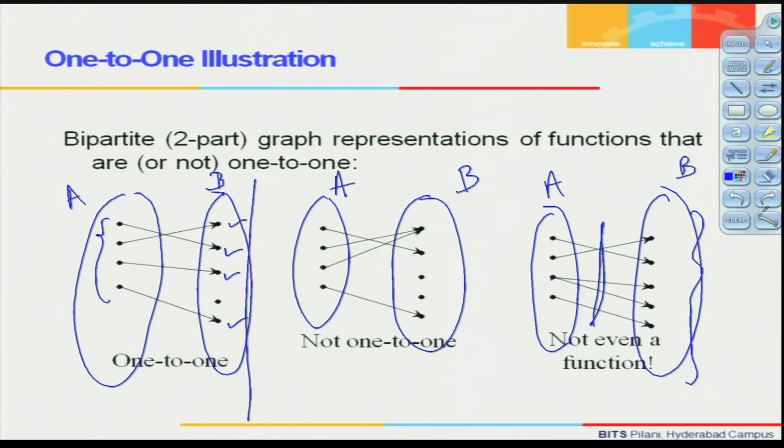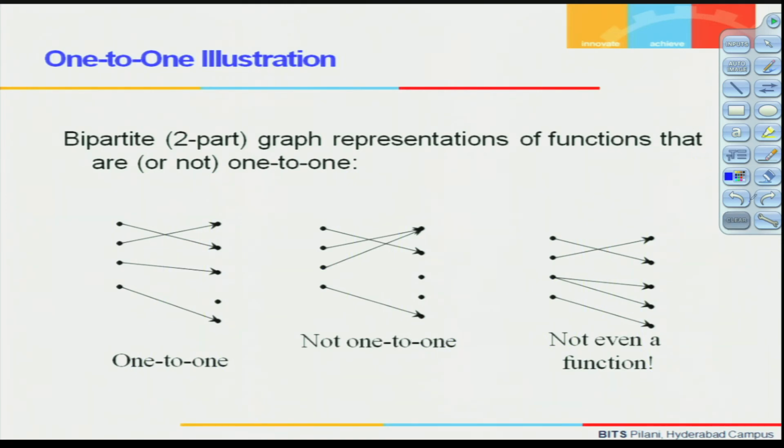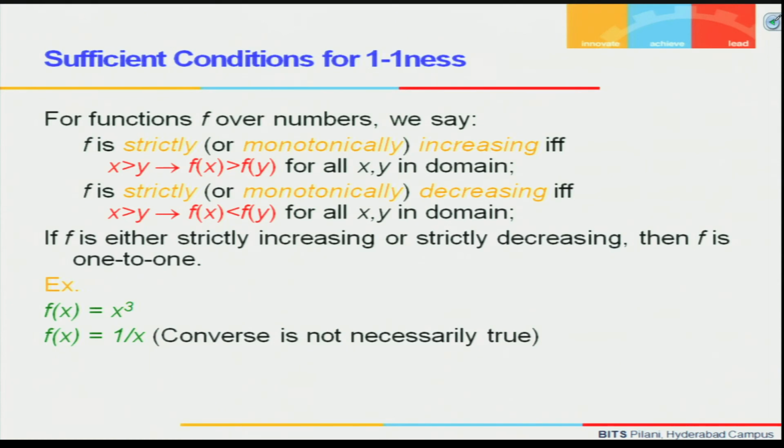So what we have got is, this is a one-to-one function, this is not a one-to-one function, this is not even a function. And we will see some sufficient conditions for this. If the function happens to be strictly increasing or monotonically increasing, then the function will always be one-to-one.